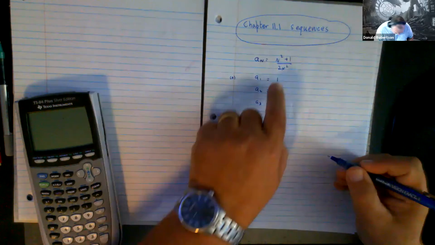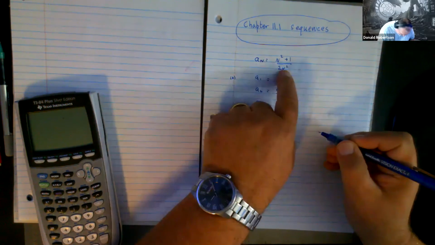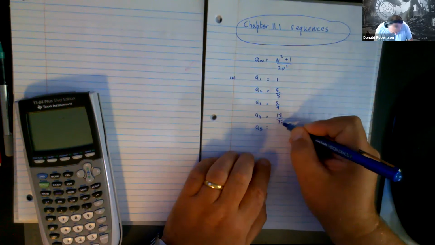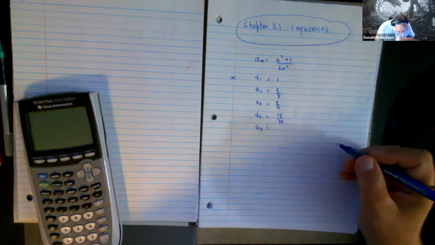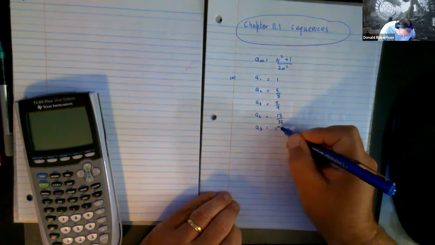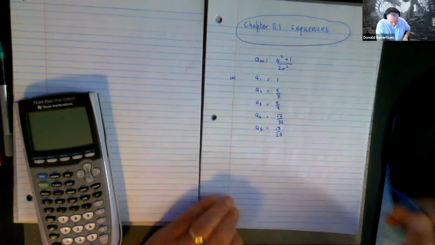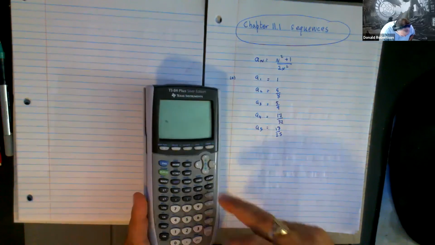If you plug in 4, you get 16 plus 1 is 17 on the top and 32 on the bottom. And then if you plug in 5, you get 26 on the top and 50 on the bottom, which is 13/25.